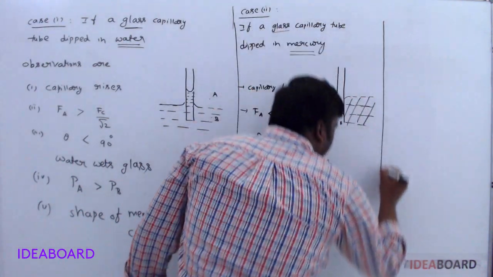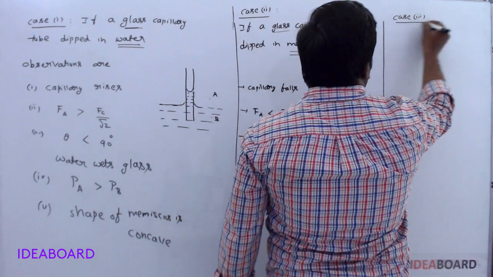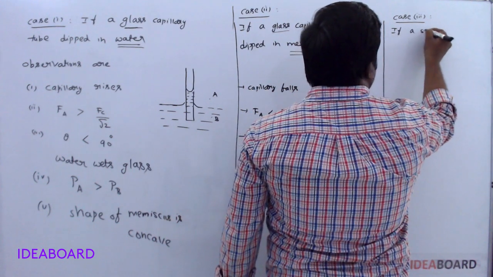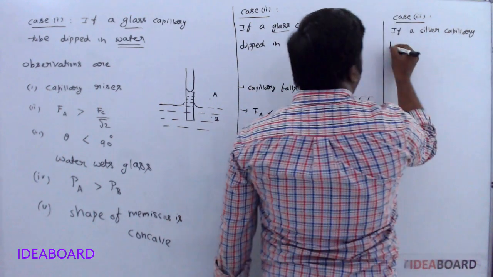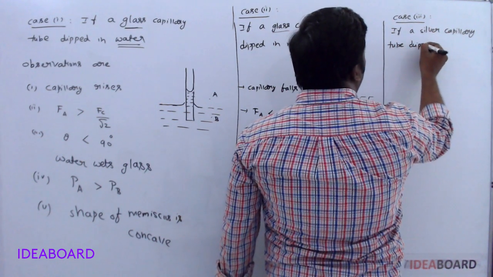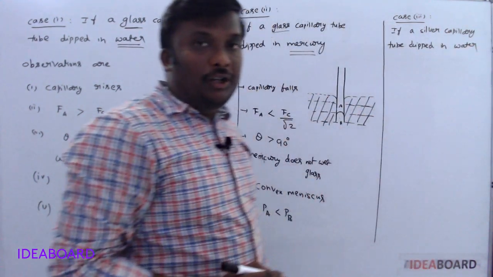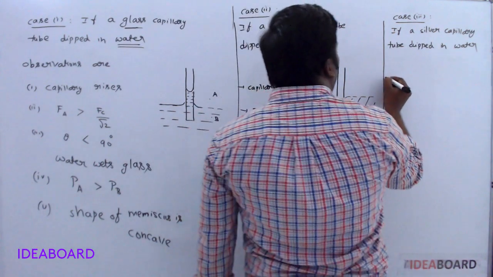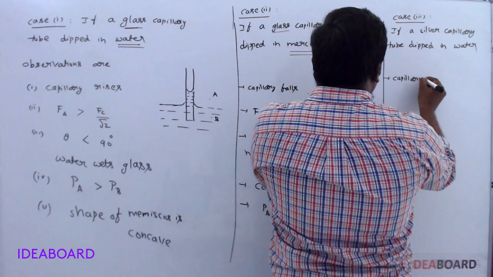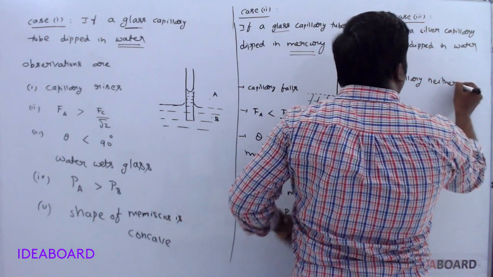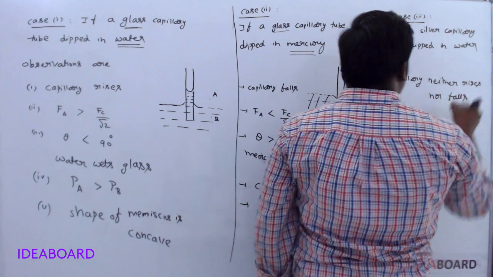Now, the third one, case 3. If a silver capillary tube is dipped in water, then the observations are capillary neither rises nor falls.